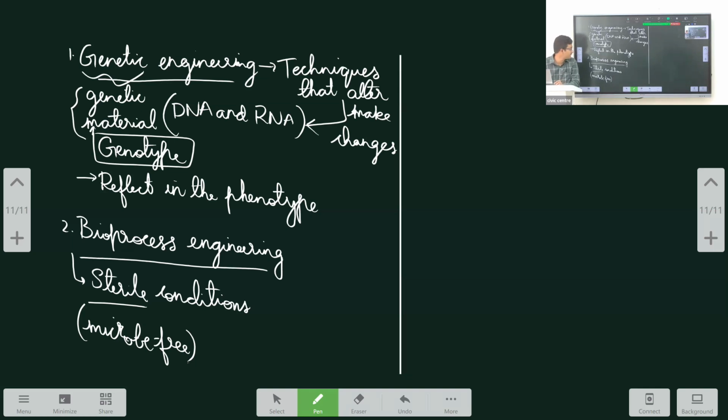Tell me why, what could be the reason? What will happen if the conditions are not sterile? Under sterile conditions you have to make sure that there is no moisture, and it also has to be free from dust.